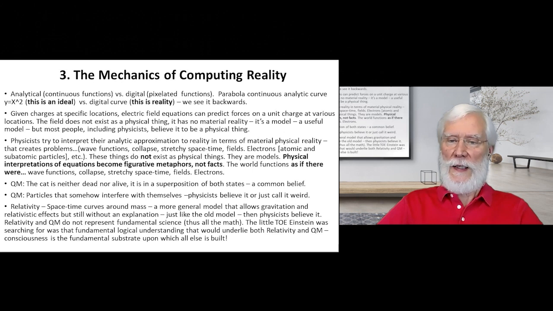Others realize it's silly, so they just say, well, it's just weird physics. We don't know. It's just silly to say that the particle interferes with itself. It's just a single particle. How does a particle interfere with itself and produce an interference pattern? So they just call it weird science, which means they don't understand it and they've given up trying to understand it.